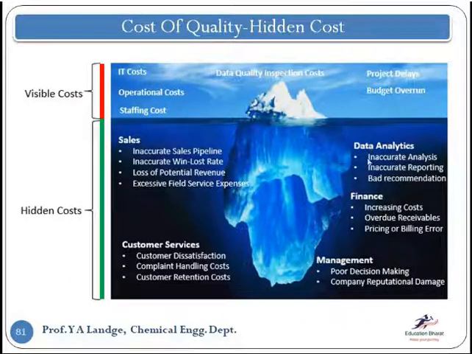Another is data analysis and analytics. In that: inaccurate analysis, inaccurate reporting, bad recommendation. Now the quality department, which maintains the quality of a product, always checks the quality.